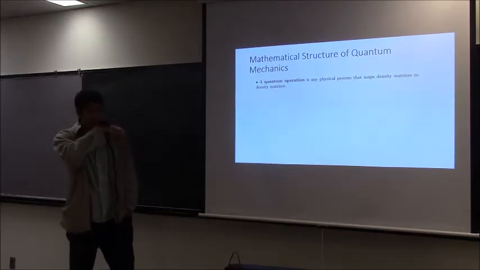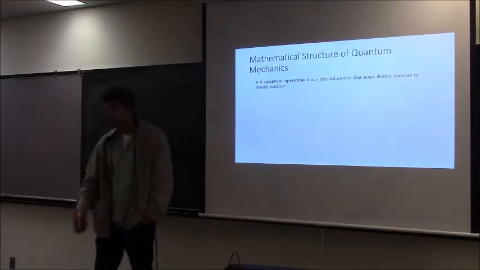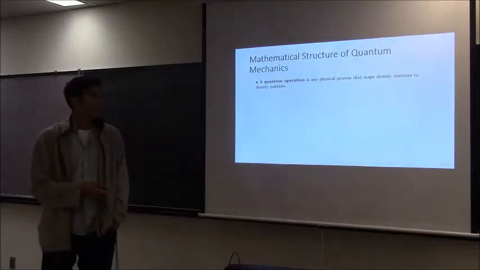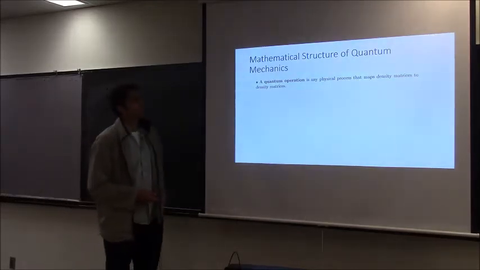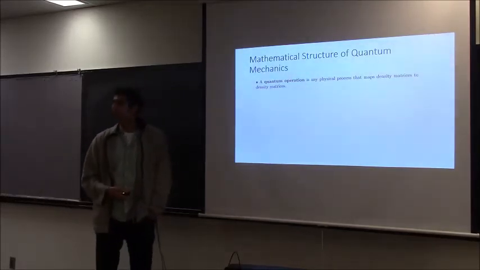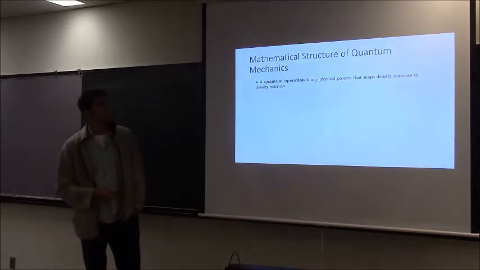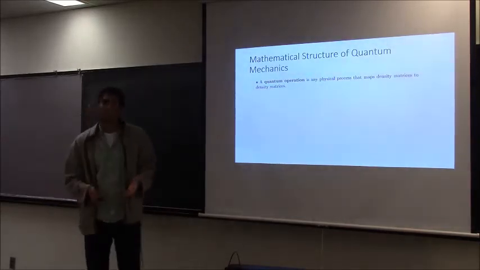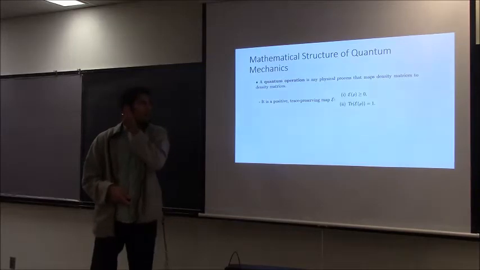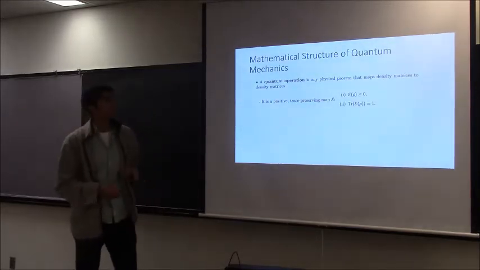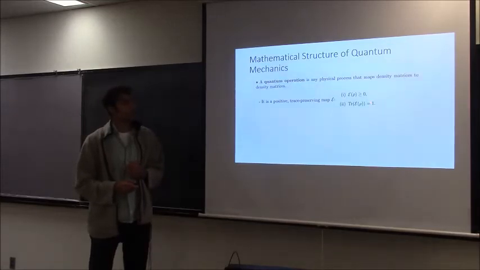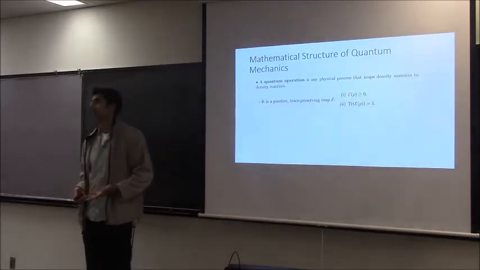So much for the states. Now we're going to talk about the dynamics, the other half of the coin. In general, we talk about a quantum operation, which is any physical process that maps density operators to density operators. In particular, this map is positive and trace preserving. What I mean by positive is that if I input a positive operator, like a density matrix, and act on it with my map E, what I get out is a positive operator.